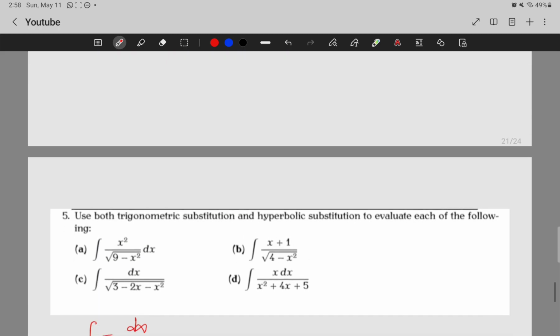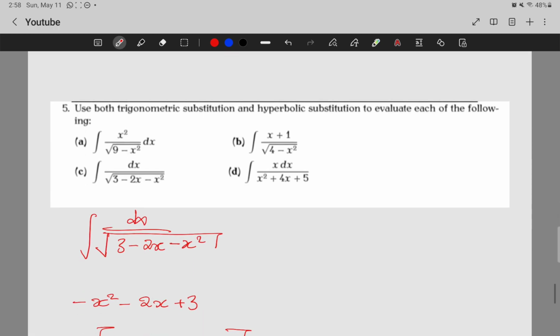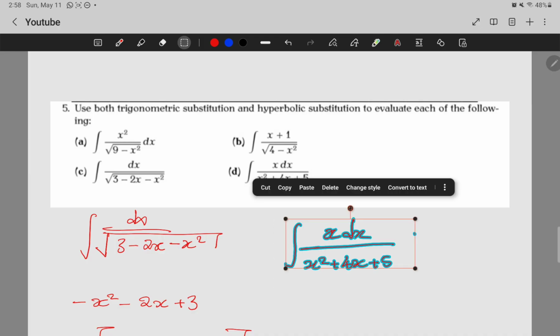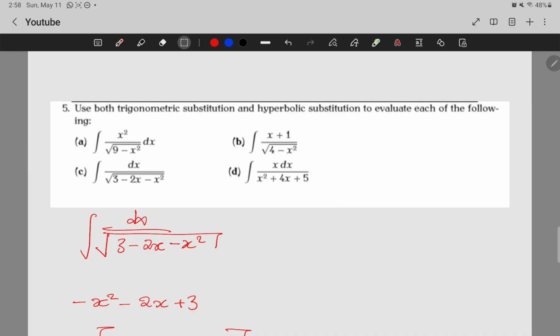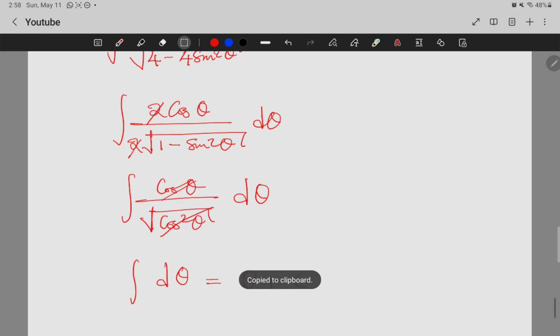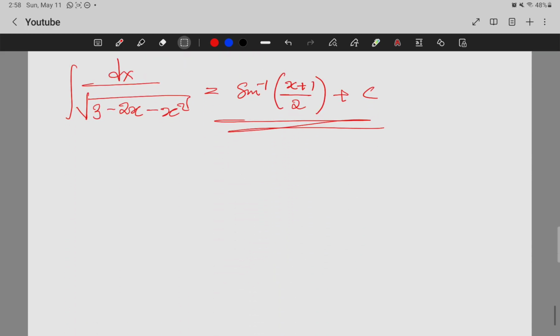So let's see d. For d, we have x dx over x squared plus 4x plus 5. In the same way, we want to see first, is it possible for us to solve this using basic algebraic substitution?